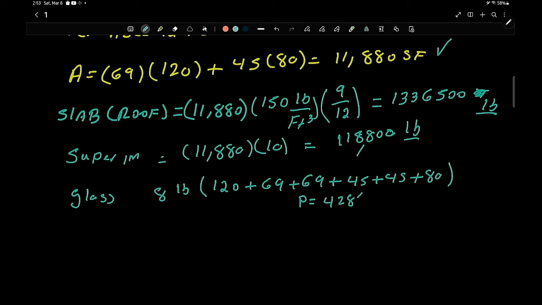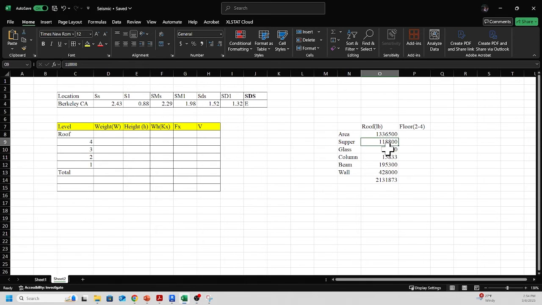So that's 8 pounds per square foot times that, and the height was 10 feet tall. And so the glass comes out to be 37,440 pounds. I think that's right, but anyway, going back to the Excel, I'm going to put that number here also.